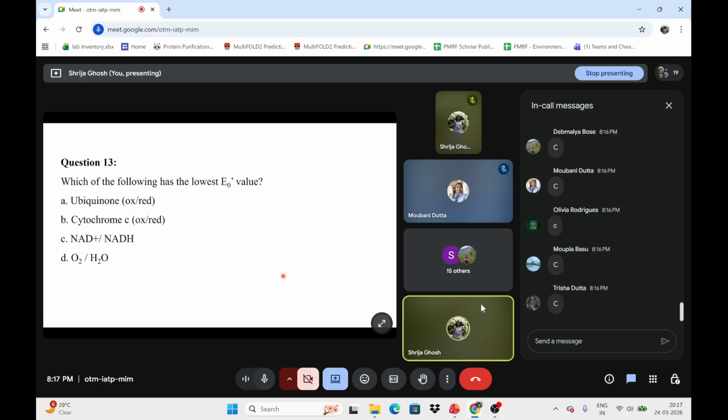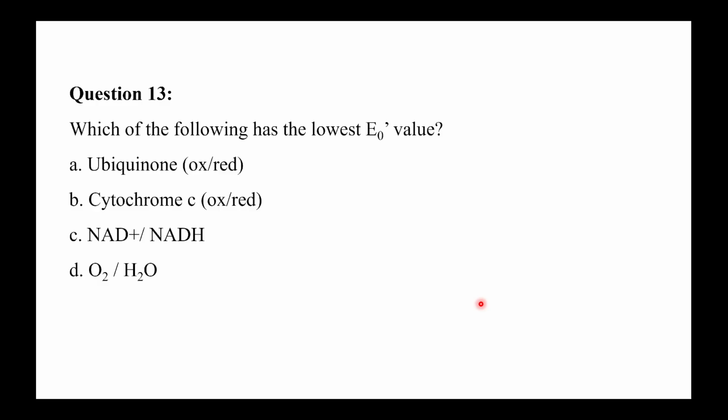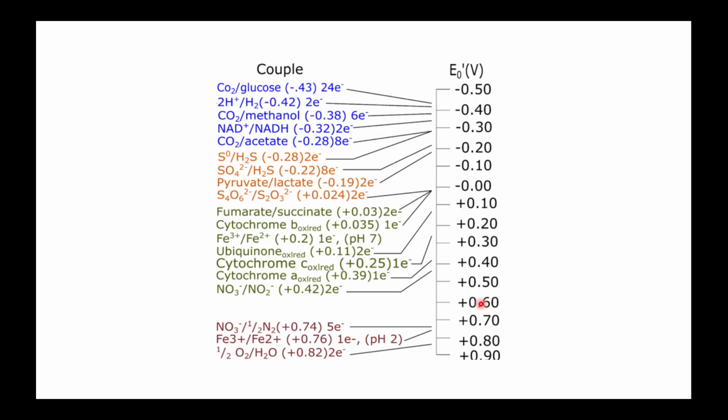Okay, I can see most of you have answered option C, NAD plus by NADH. That is the correct answer. NAD plus NADH has the lowest E naught value. These are biochemical reactions that occur inside our cells, and all of these have a redox potential.